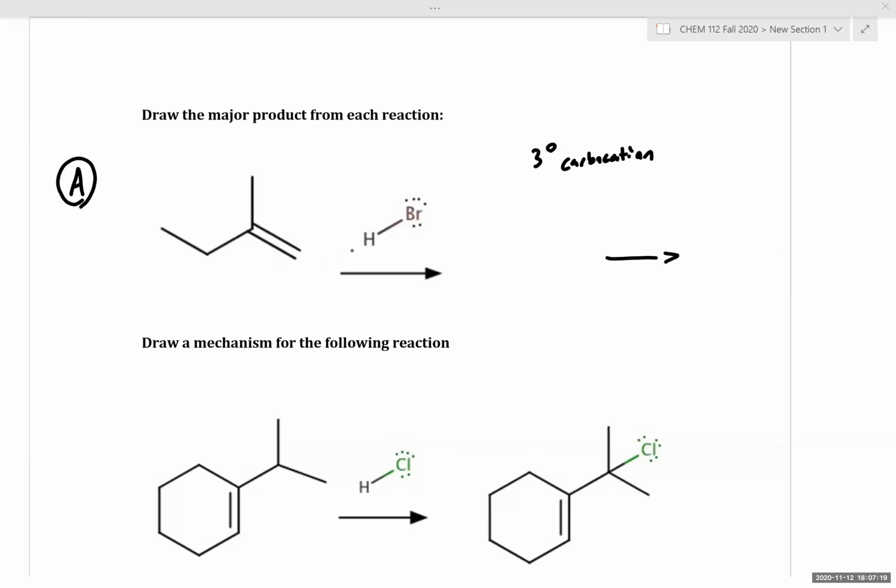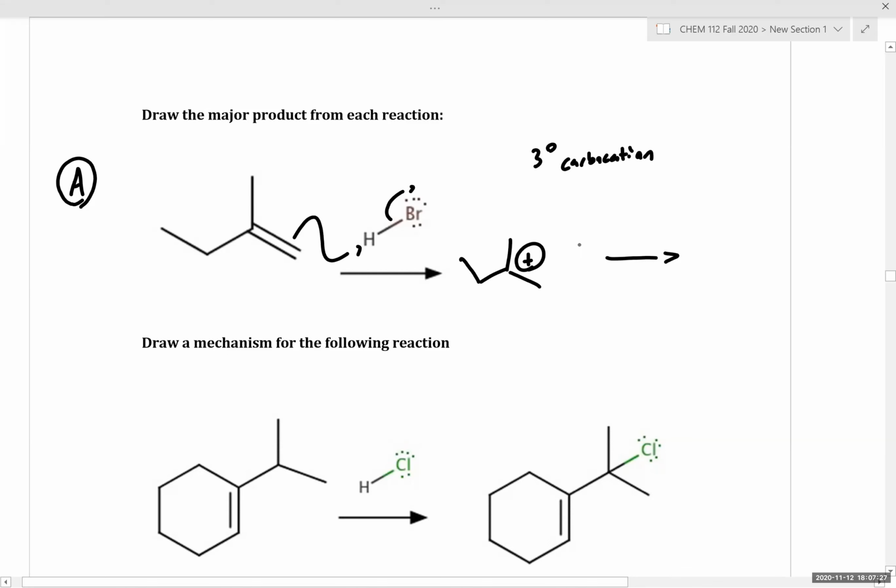Well, the first step is we protonate our alkene, and in turn, we generate our tertiary carbocation. From there, our bromide anion will attack this highly reactive carbocation. In this case, our carbocation is at the tertiary position, so we see attack at the tertiary position following Markovnikov's rule.